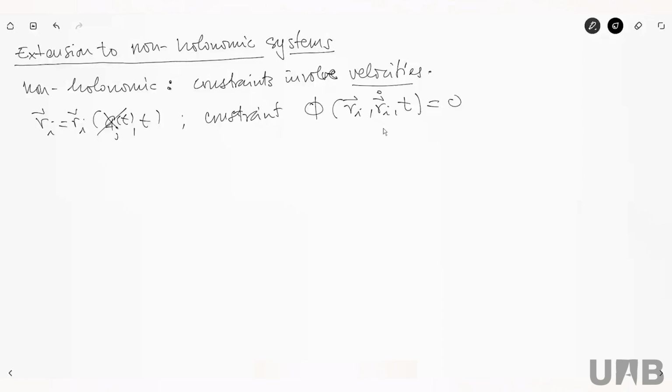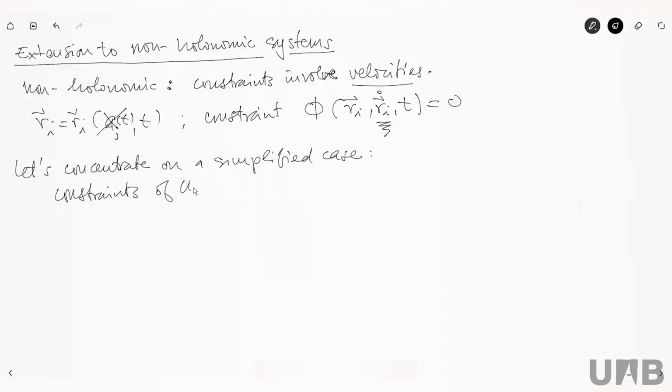Velocities. Then what do we do? Well, we're going to discuss this. The situation is more complicated, and so we're going to simplify. Let's concentrate on a simplified case. And the simplified case is going to be constraints of a certain form.